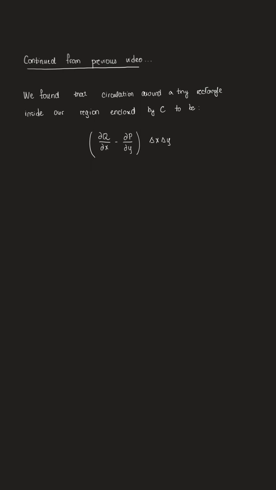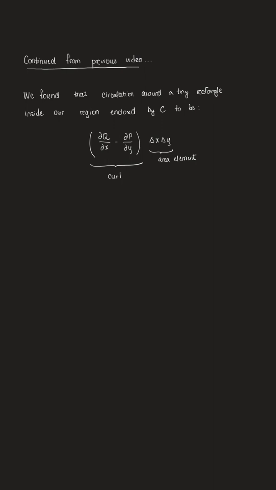Okay, in our previous video, we found that the circulation around a tiny little rectangle inside our region that's enclosed by the curve C is the curl times delta x delta y. So notice first that this is a little area element, which represents the area of our rectangle, delta x times delta y.